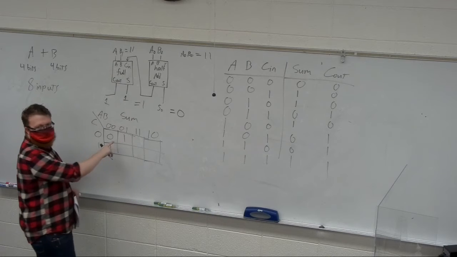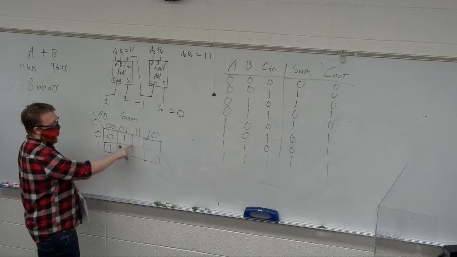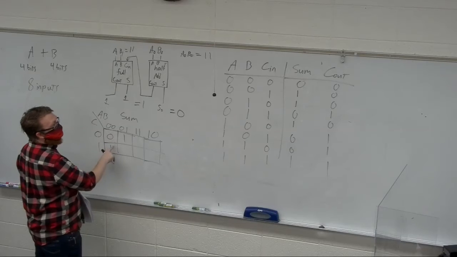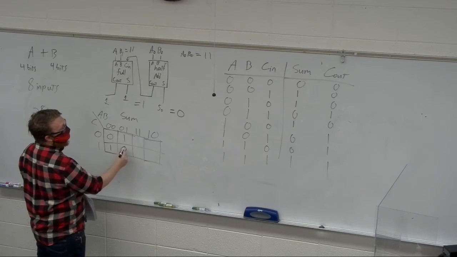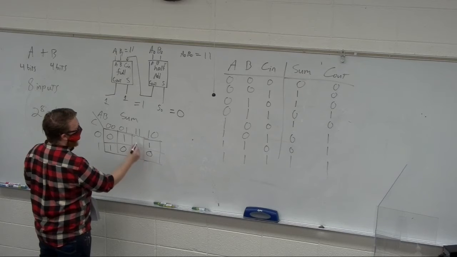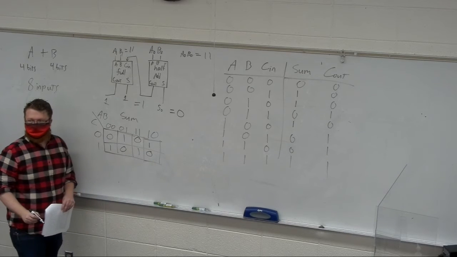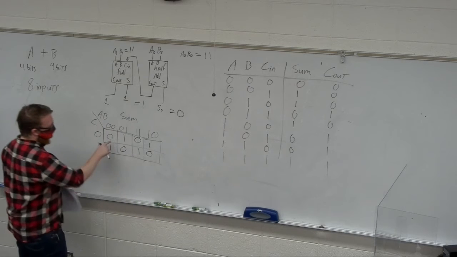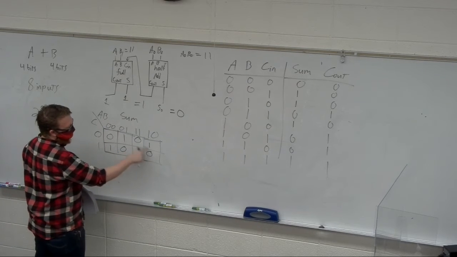And now I've started to see the pattern, right? But we got to skip over this one. So we go 0, 1, 1, 0, 1, 0, 0, 1. Right, so I just read top to bottom on that, remembering to go 1, 2, 3, 4, 5, 6, 7, 8.